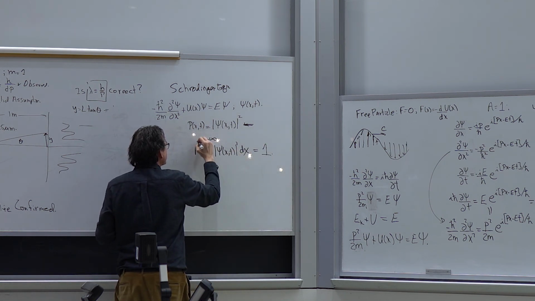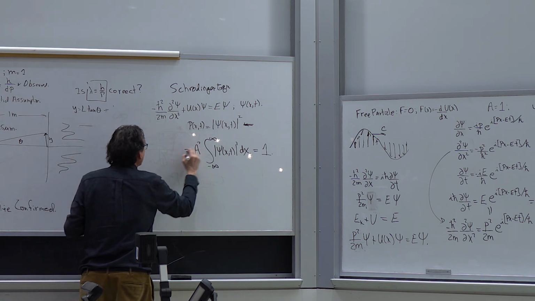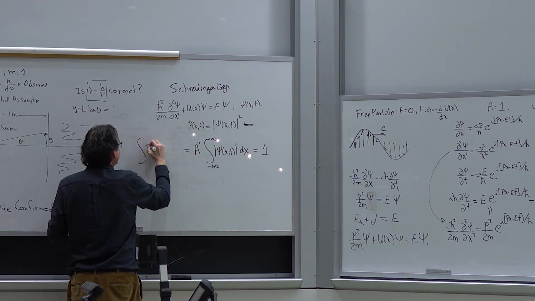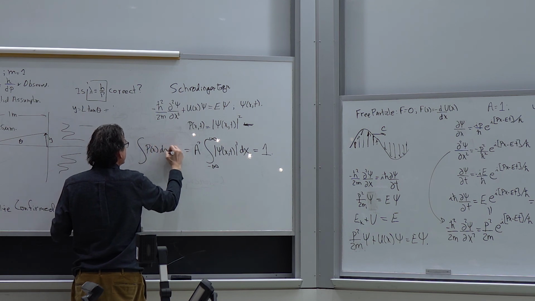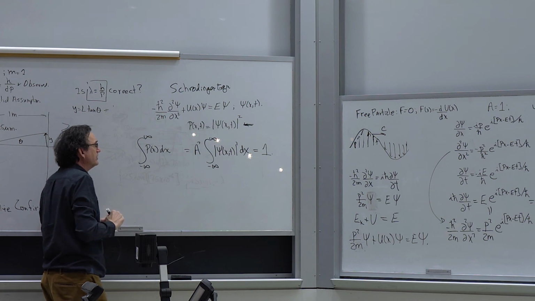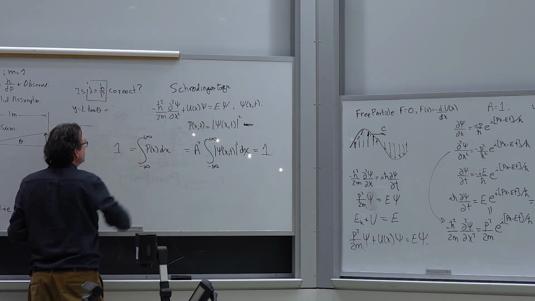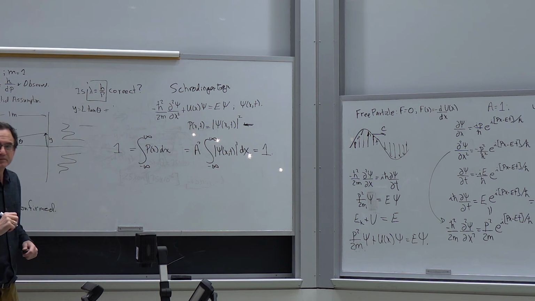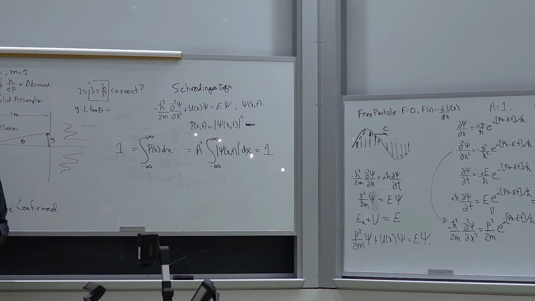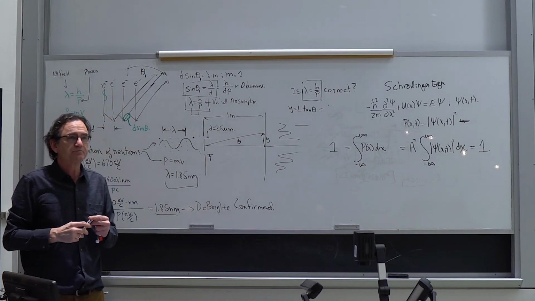The integral of the probability P of x over space has to be 1, because the particle has to be located somewhere. The particle has to be somewhere.